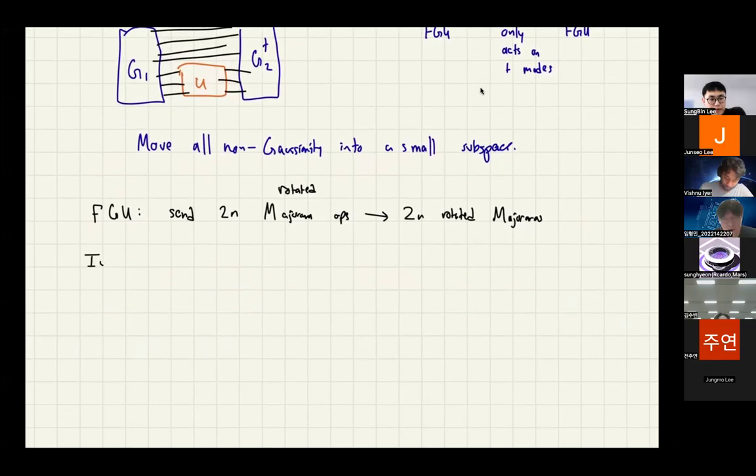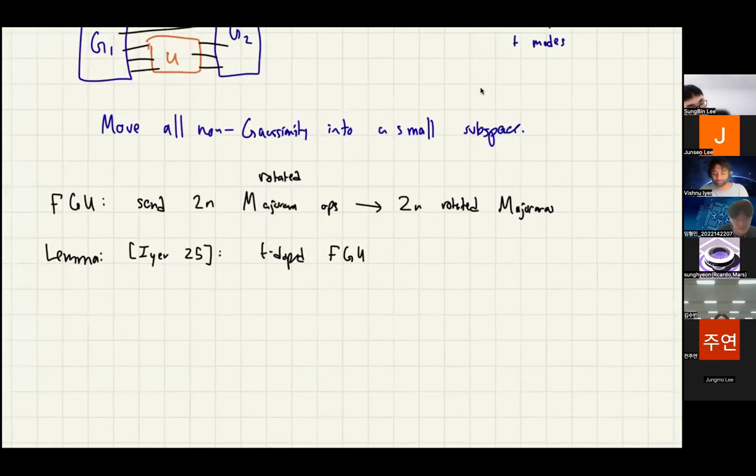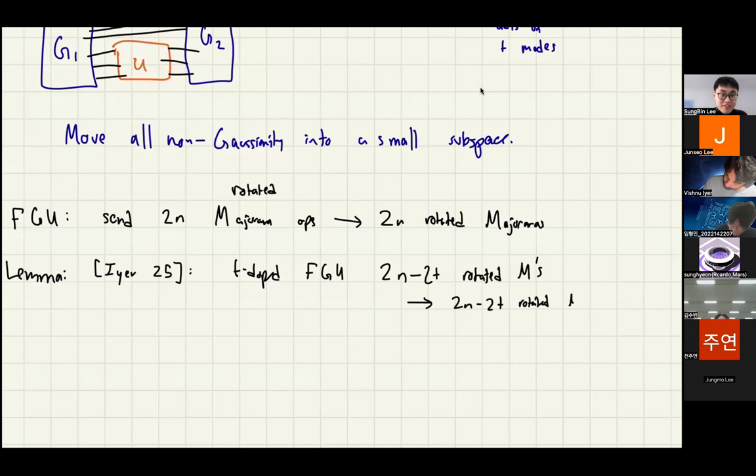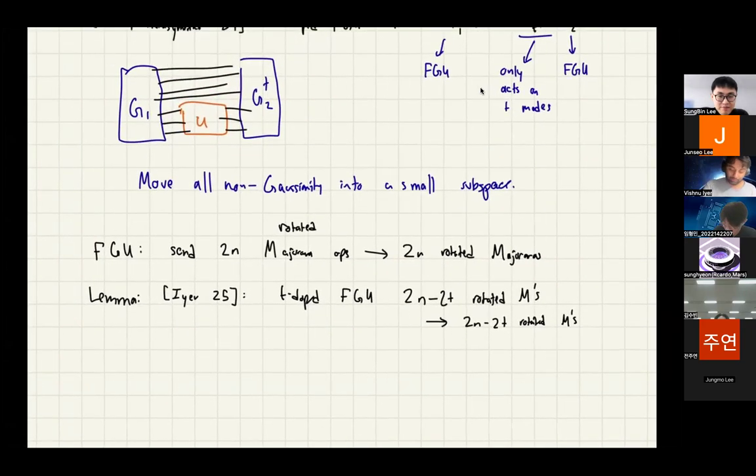And the lemma from my paper is that for a T-doped FTU, you're not going to send 2n Majorana operators to 2n Majorana operators, but what you do send is 2n minus 2t rotated Majoranas to 2n minus 2t rotated Majoranas. Basically, look at this whole top part, okay?